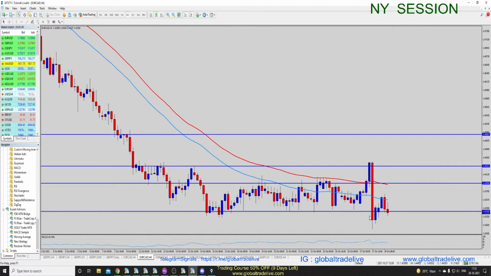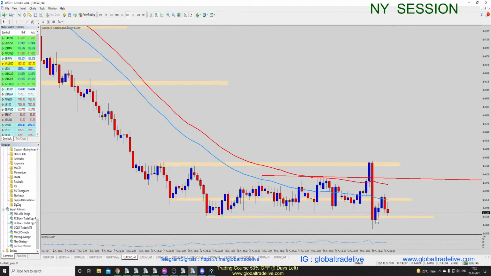If we look at bigger time frames like 4 hour, it went down and the next candle went up again. So this becomes a fake out, and today it went all the way up and now it's coming all the way down. So there is a very high chance that it will test its low again to go further down.